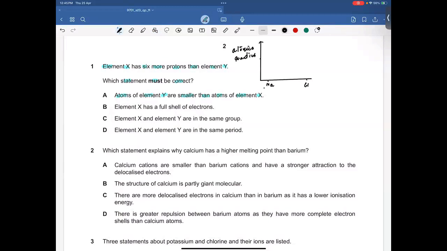So let's suppose sodium has an atomic number of 11, and the examiner is saying it has 6 more protons. So when you add 6, it's going to be 17. That is chlorine, right? So we know that atomic radius decreases across the period.